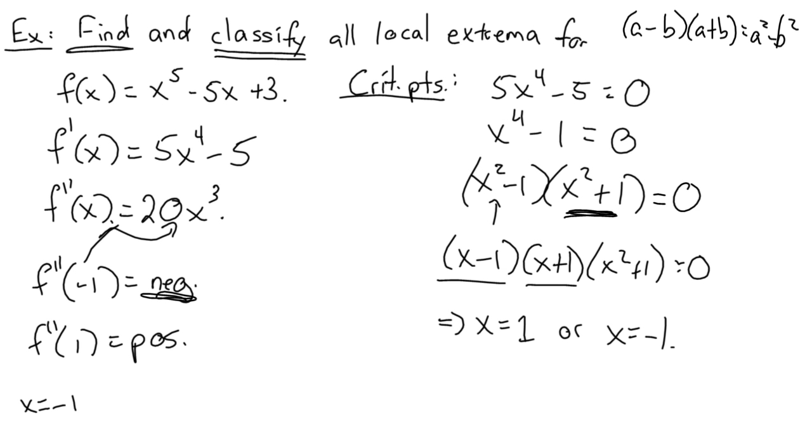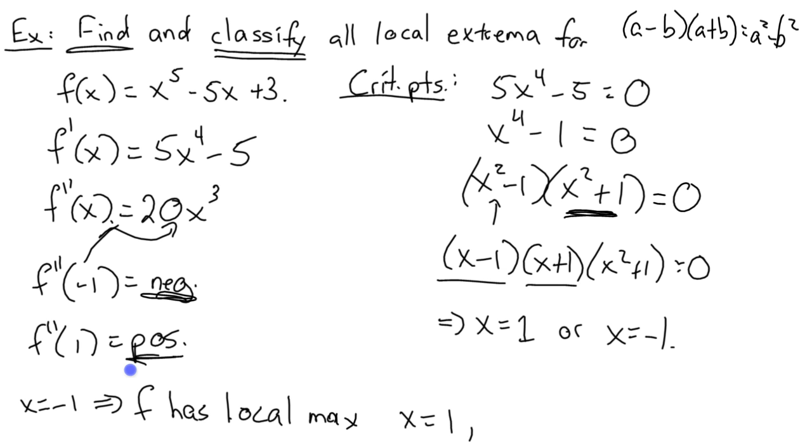Okay, so x equals -1. We have a negative second derivative, so the function is concave down, which means f has a local max. And then at x equals +1, well, now the function is concave up and flat because the first derivative is 0.